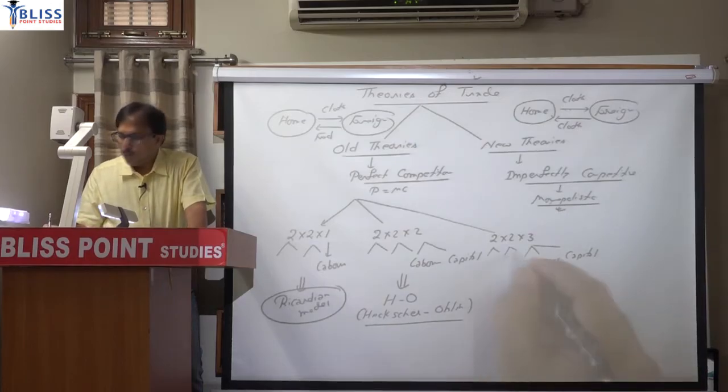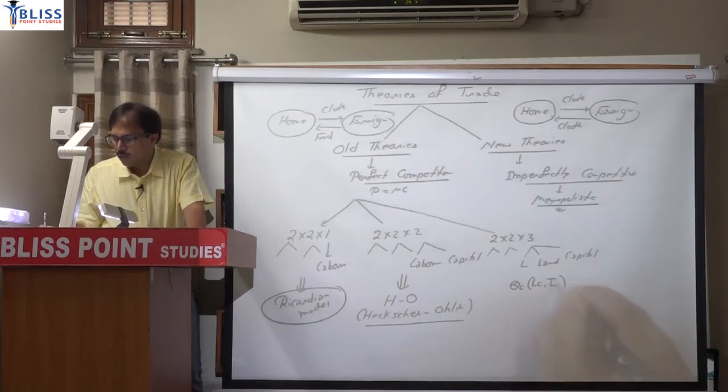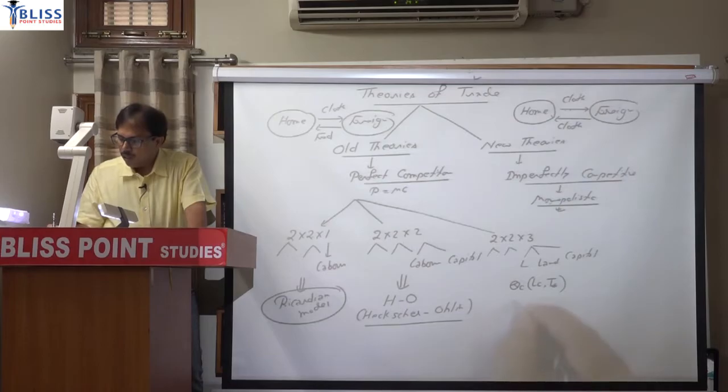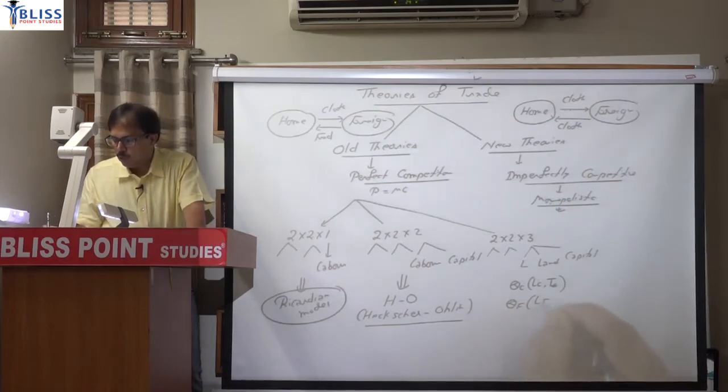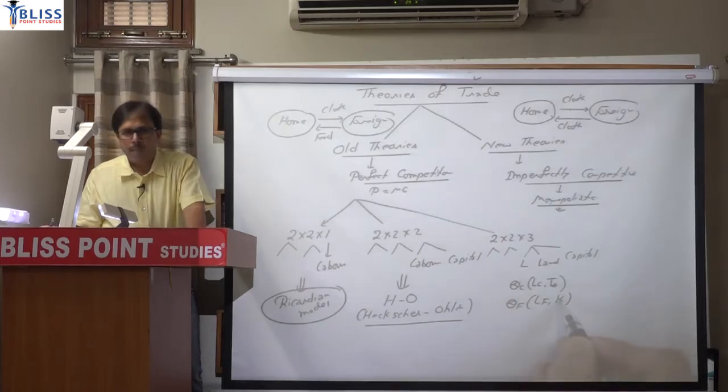Now if there are two products, say the quantity of cloth is a function of labor used in cloth and land, denote land by T, and the quantity produced of food depends upon labor used in food and capital, which means to produce cloth we require labor and land, to produce food we require labor and capital.